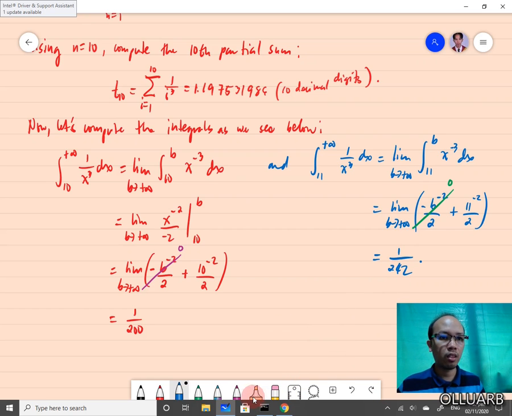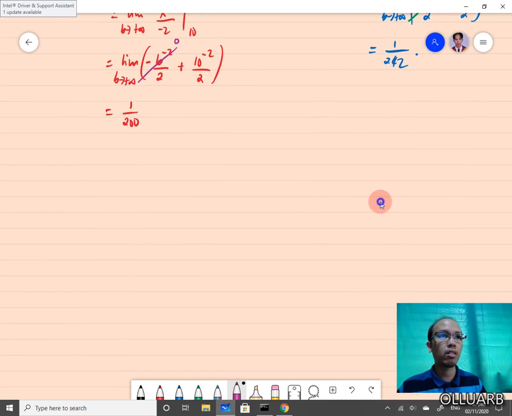Okay, so that's how you are going to get the integral. So remember, before using this method of estimating the sum of the series, be careful that the integrand must satisfy the assumption in the integral test.